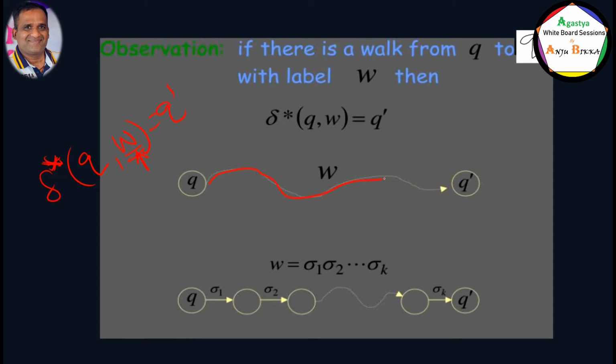There is a walk or a path from Q0 to Q dash labeled by W. So this is nothing but sigma 1, sigma 2 until sigma k, if we use sigma, from Q0 until Q dash.